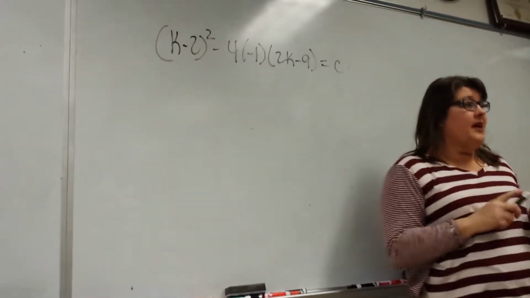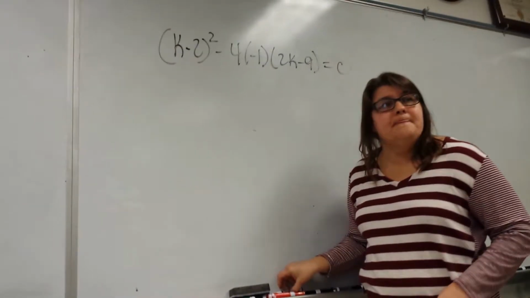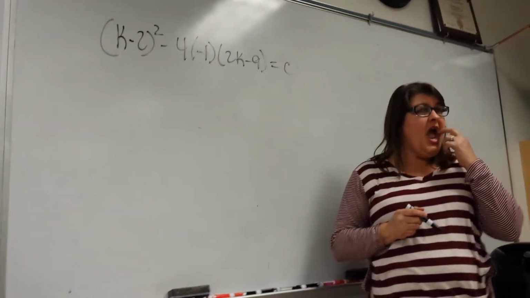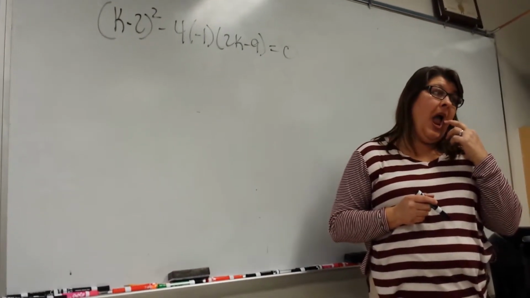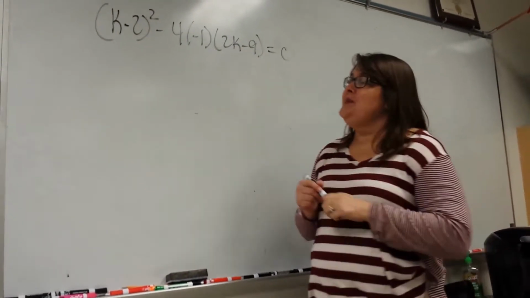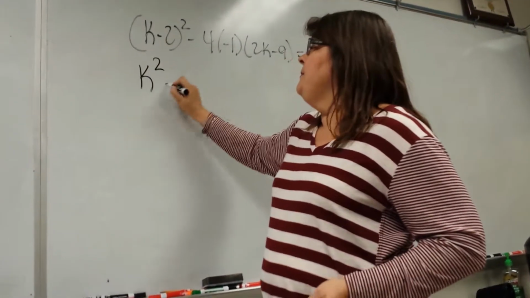And it said, find the value, or values of k. With an s at the end? Yeah. Wait, I'm looking at them wrong. Okay, so we should actually be finding values of k. So I'm going to FOIL this out.